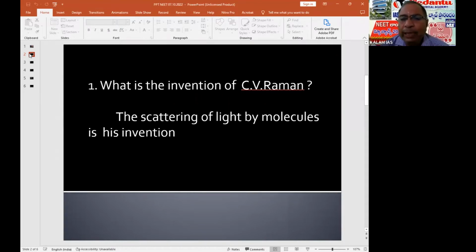The blue color of the light is due to the scattering by nitrogen and oxygen molecules present in the atmosphere, because the molecule size of nitrogen and oxygen and the blue color wavelength are comparable. So when they are comparable, these molecules scatter the blue color. That is the reason.